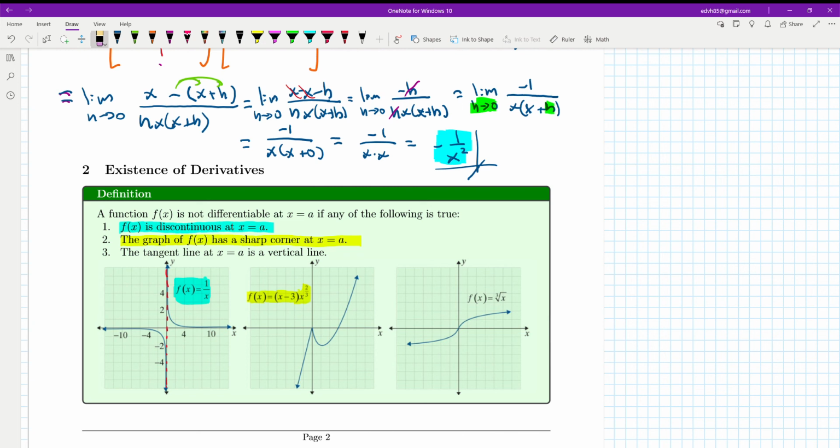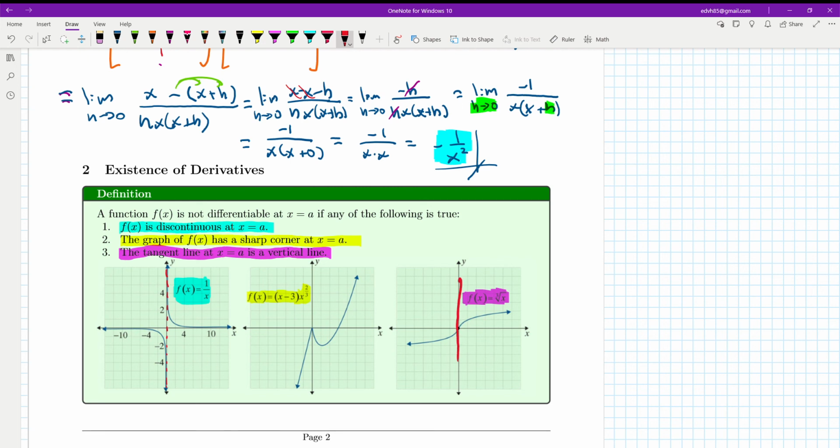The third case scenario is when the tangent line is vertical. And that's the case for the function cube root of x. For the function cube root of x, there is a point right here for which we actually have a vertical tangent line.